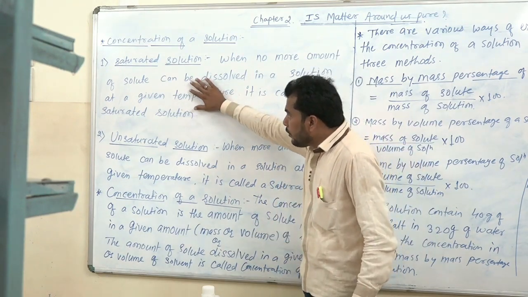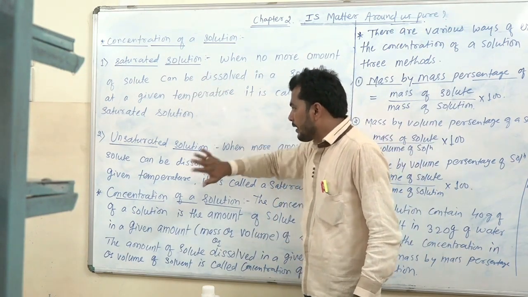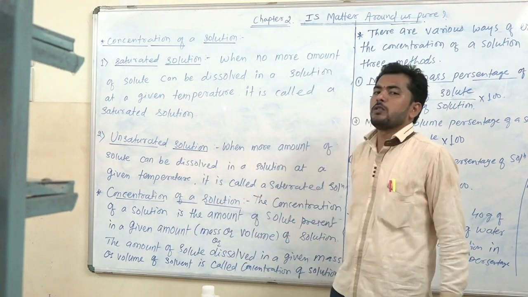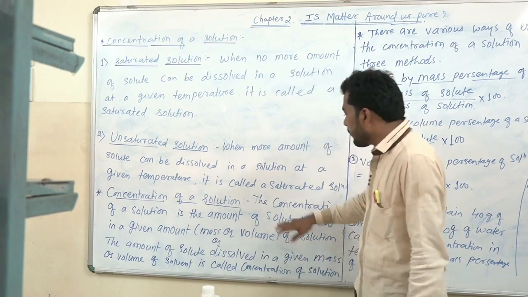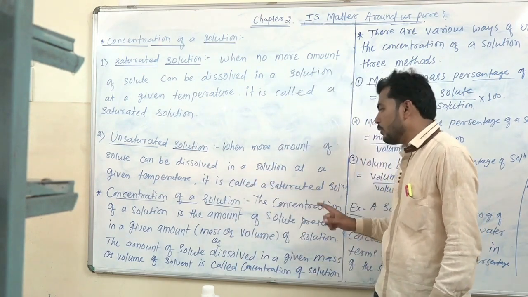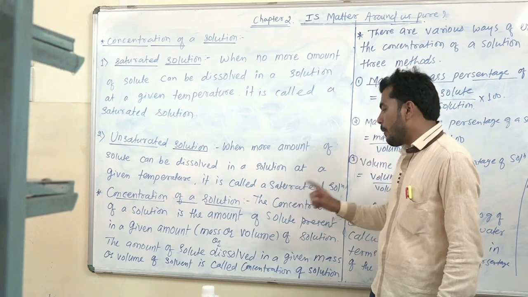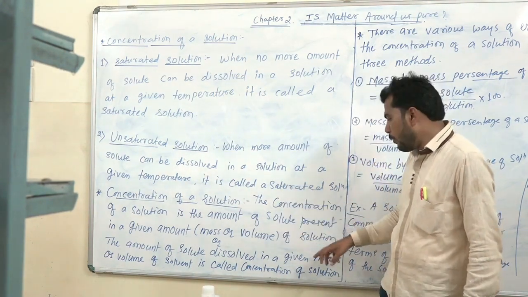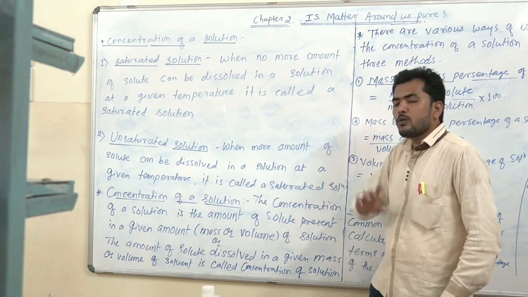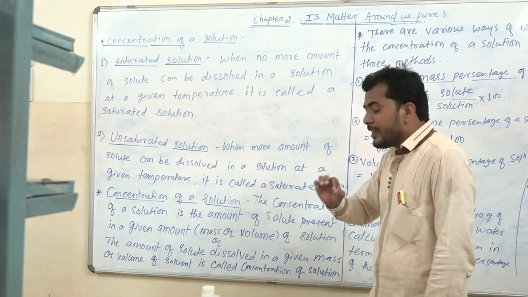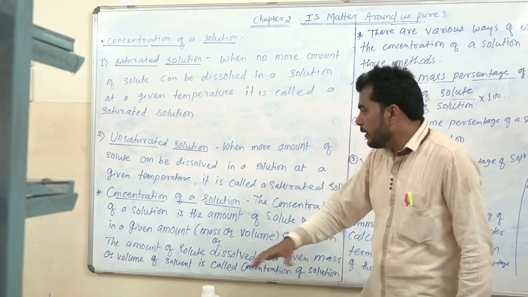So we have seen saturated solution and unsaturated solution. Now concentration of solution. What is concentration of solution? The concentration of a solution is the amount of solute present in a given amount of solution. It may be in mass or in volume. Just hear it carefully.